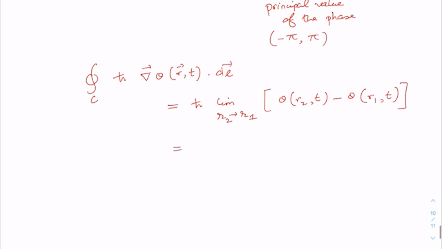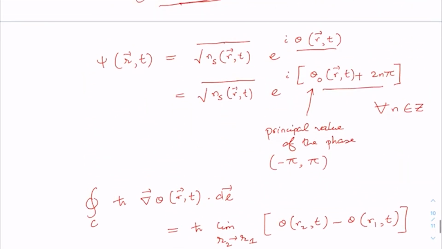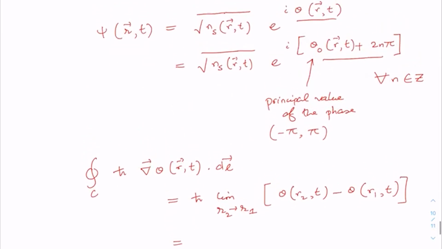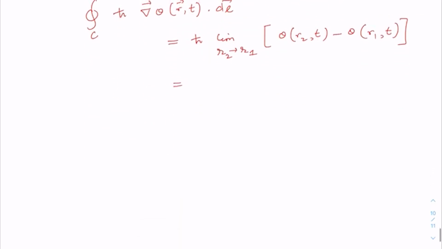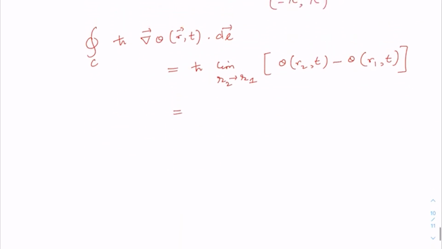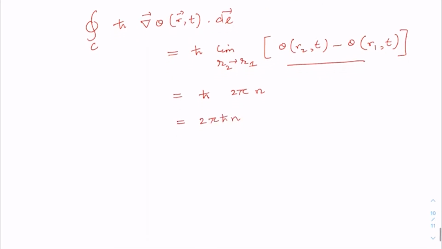Because of this condition, theta 0 and theta are defined as varied by this amount, therefore immediately the difference would be h cross times 2 pi times an integer multiple. So therefore I have simply 2 pi h cross n. The same thing I'm writing here.